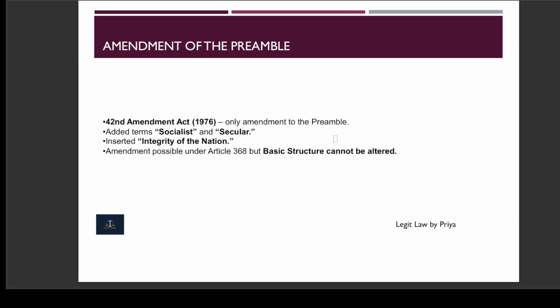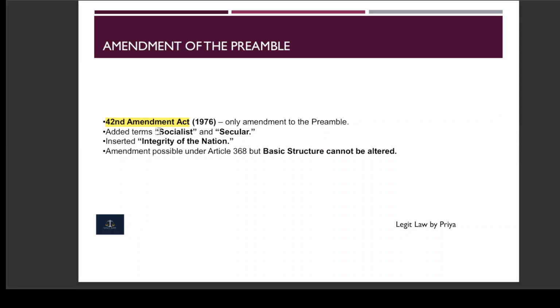The preamble has only been amended once through the 42nd Amendment Act. This amendment added the words socialist and secular before democratic republic, and replaced unity of nation with unity and integrity of the nation.